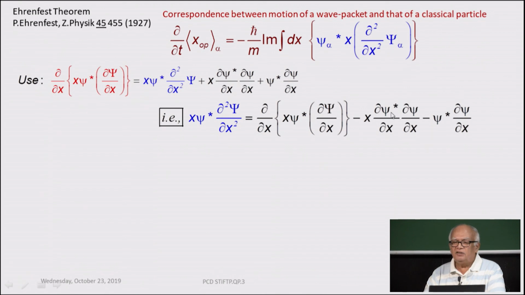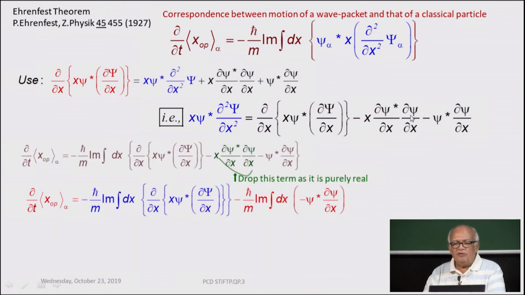This is del by del x of psi star, this is del by del x of psi, right. So, you can forget about it. Dropping this part, the remaining terms are here. You have these two terms, this one and this one. So, the first one is this, the second one is this, right.